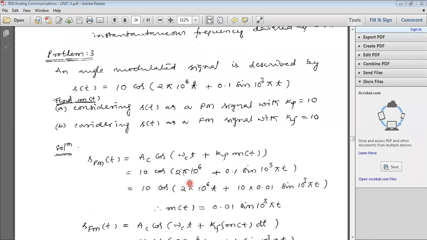Now take the given signal. What is the given signal? 10 cos 2 pi 10 power 6 t plus 0.1 sine 10 power 3 pi t.